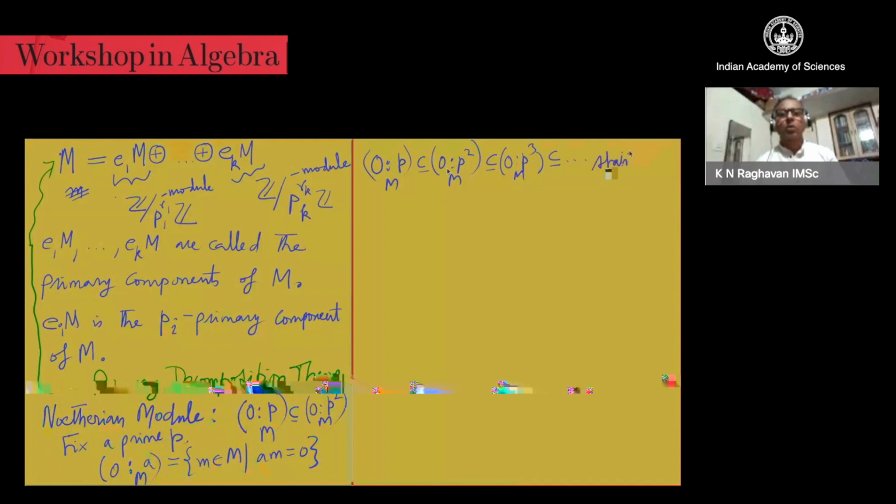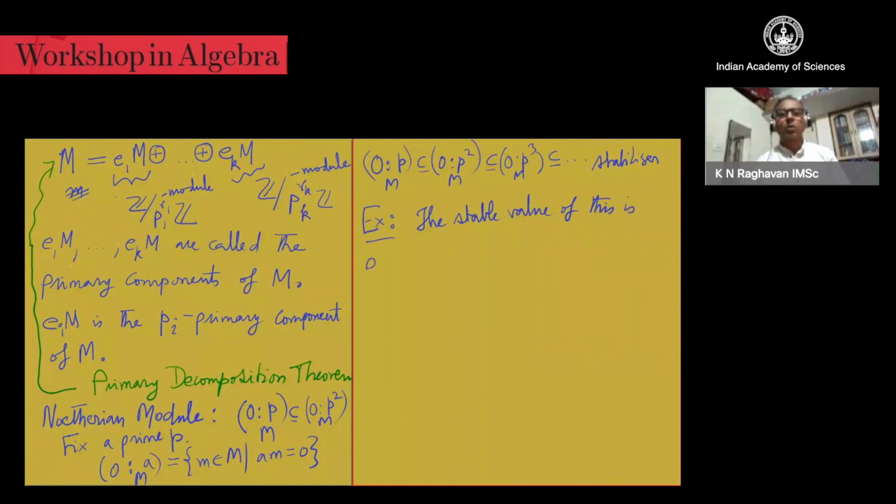And what value does it stabilize to? Here is an exercise to prove. The stable value of this is precisely the P primary component of M. If P is one of these primes, then it has a non-trivial P primary component. If it is not, then the P primary component is just 0.